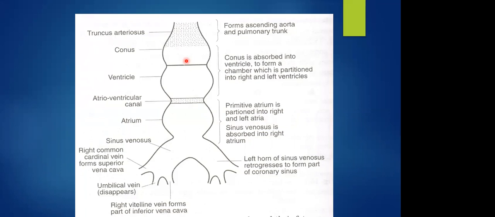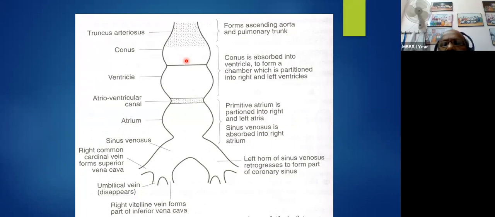Yes, ma'am. Yes, sir. Yes. Which is the outflowing part of right ventricle? Number 10. Number 10.